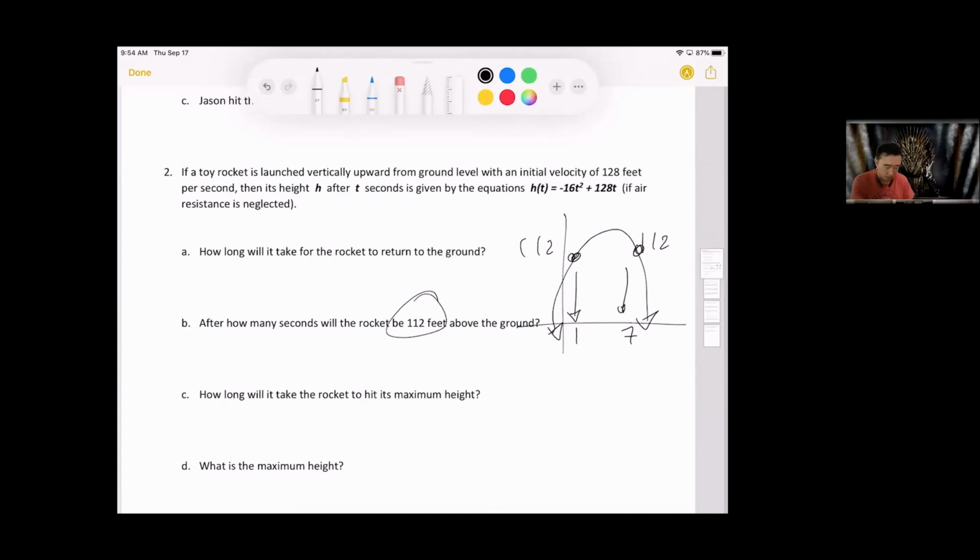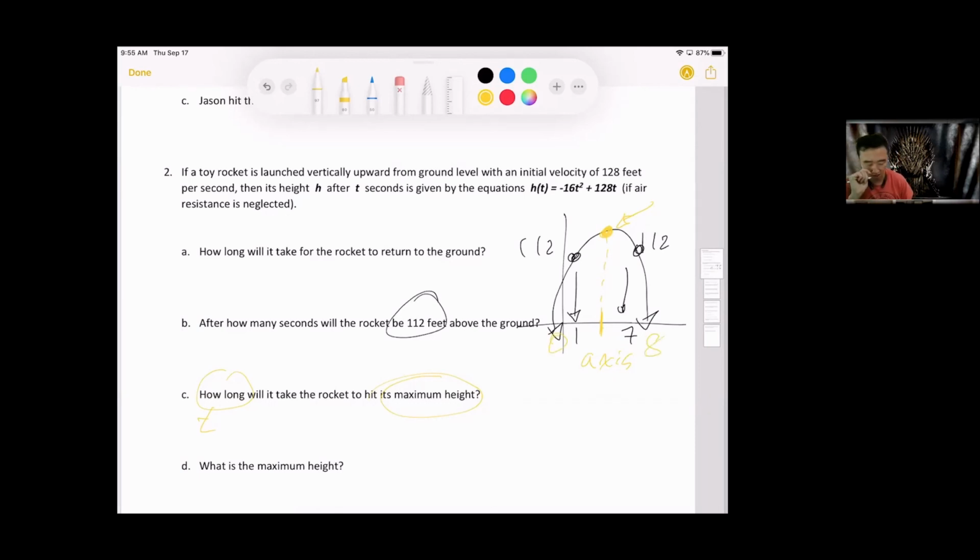All right. Now the next question is, how long would it take, so time, for the rocket to hit its maximum height? So what is it asking for this time? The axis of symmetry. Yeah, very good. Which would be 4 seconds, because when it hits the ground is 8 seconds, and the axis of symmetry is right in between.